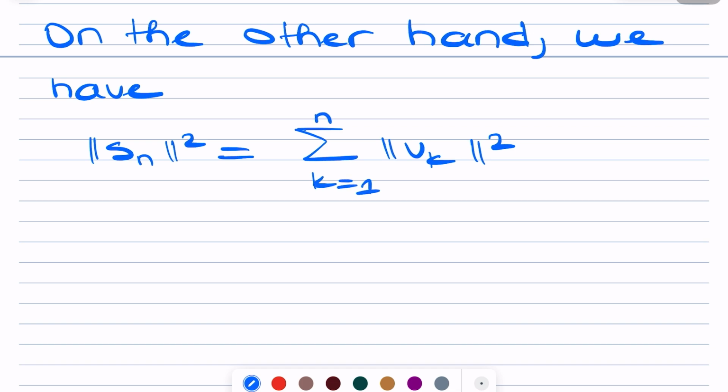This equality again follows from the fact that the Vn's are pairwise orthogonal.